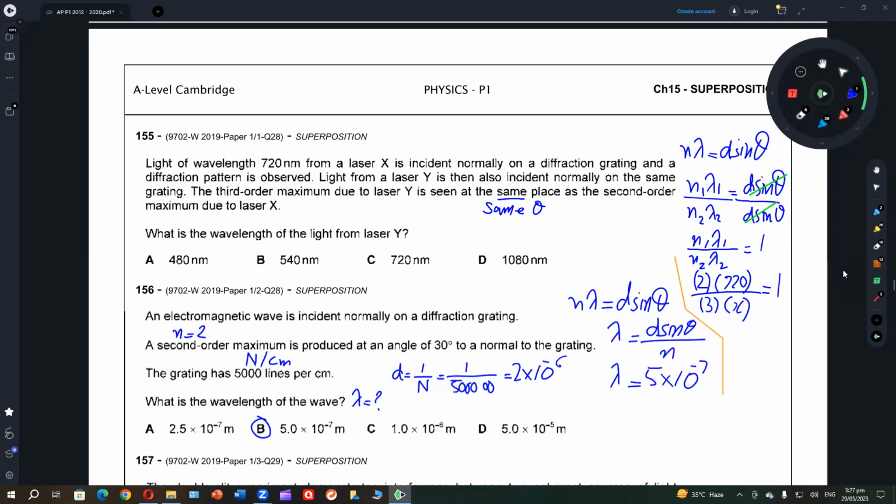It is coming as 480 nanometers. 480. Yes.